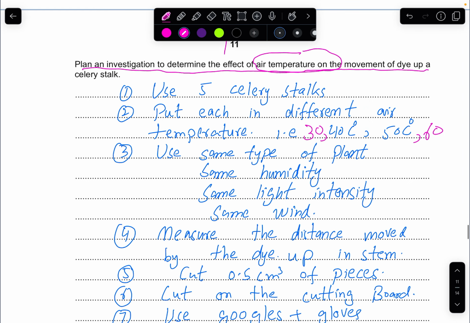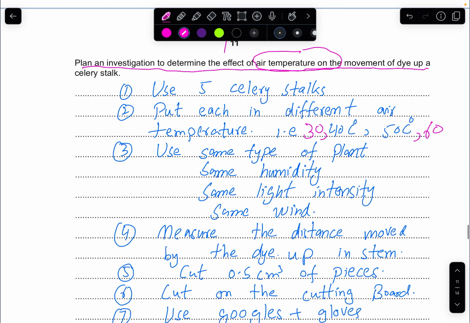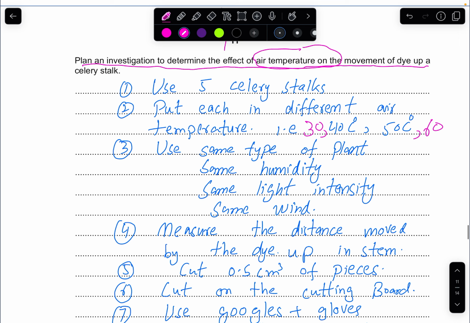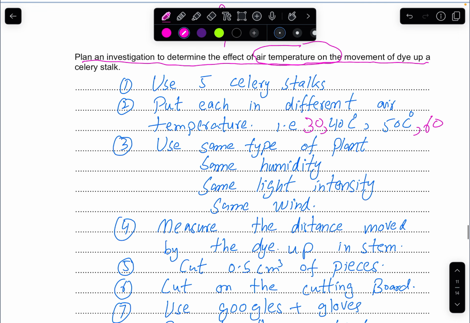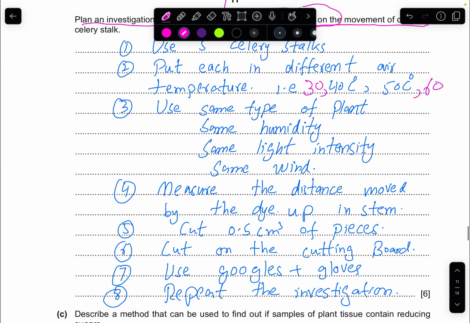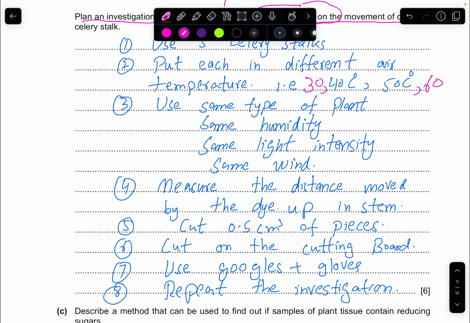And then we measure the distance that is moved by the dye up in the stem, because in different temperatures the distance traveled in the celery stalk will be different. At high temperature, there will be more distance covered.